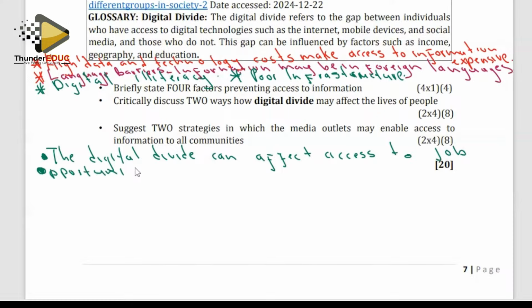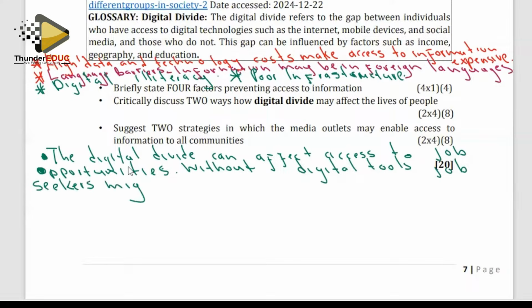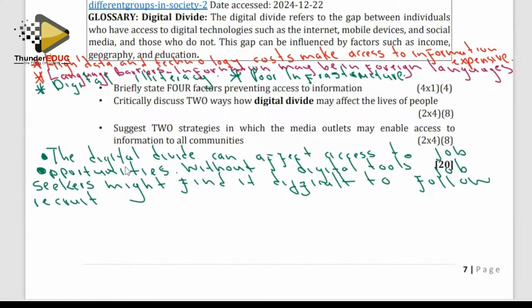So the digital divide may affect access to job opportunities. Without digital tools, job seekers might find it difficult to follow recruitment trends. Most jobs are being posted online, but without access to digital tools, you cannot follow recruitment trends.